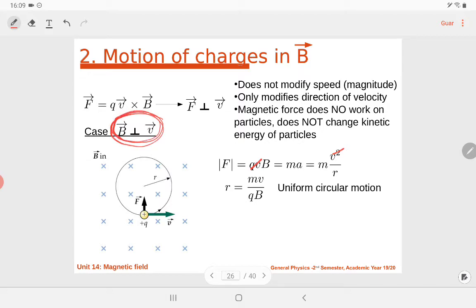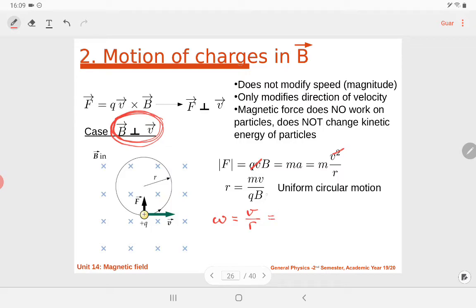We can also derive other parameters, because this is a uniform circular motion. For instance, what is the angular frequency for this motion? If you remember, the angular frequency was the velocity divided by the radius in these uniform circular motions.